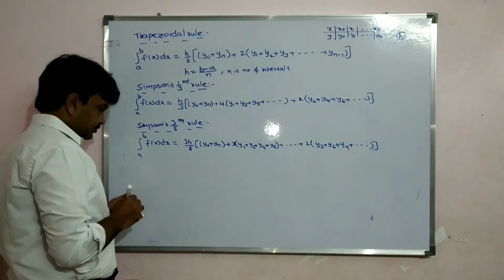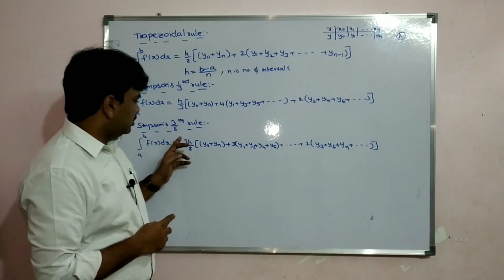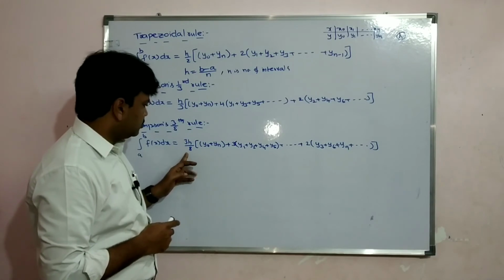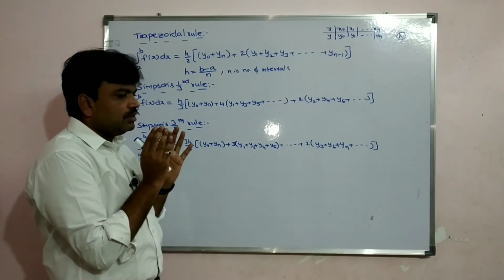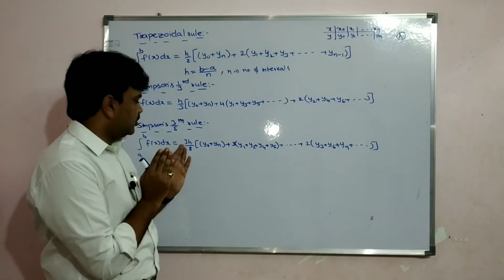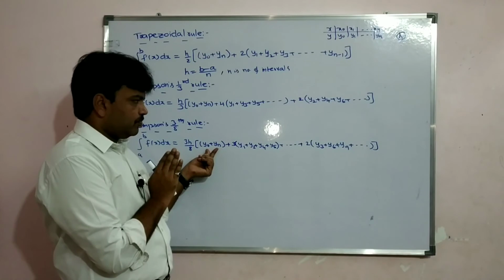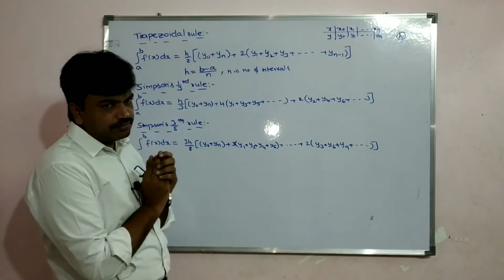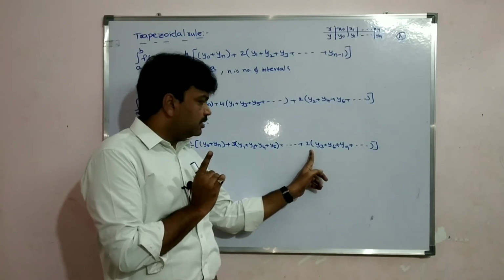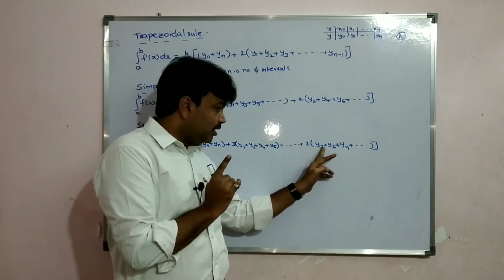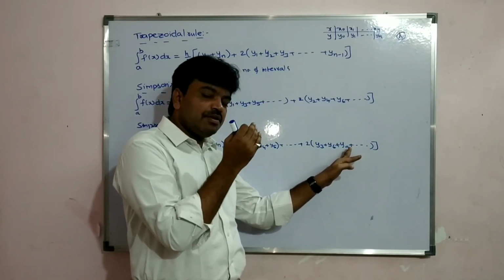Bracket close. See students, in 3 by 8th rule, the first term is 3h by 8. So 3 by 8 into h, that means 3h by 8. Initial value and final value, first term, it is common. Now see here students, this is very important. Plus 2 into y3 plus y6 plus y9 plus, what is the next term students?